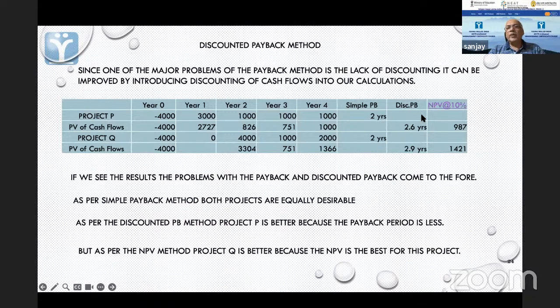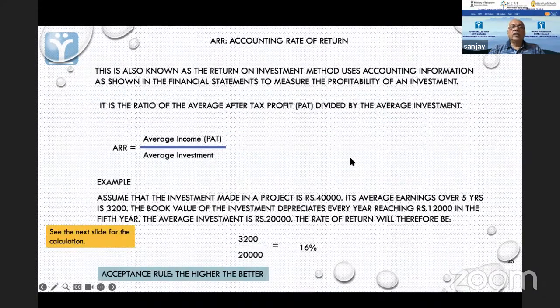When I went for discounted payback, I was able to at least find out that project P is better because it has a shorter payback period. But when I use NPV, then I get a complete answer. I find out that it's preferable to go for project Q because it has a higher NPV. So ultimately, NPV actually helps you to get a much more complete picture about all these methods.